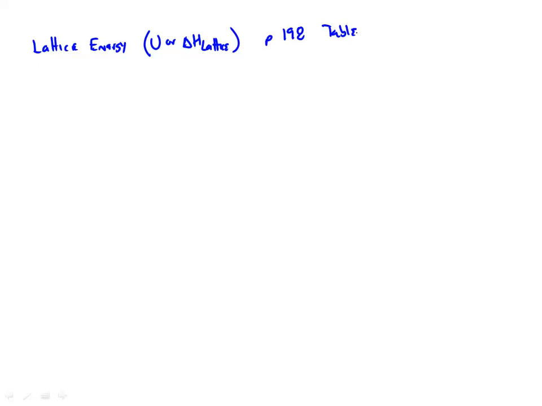Table 6.3. Why is that? So this is page 198, table 6.3. And what's on page 214? Some random stuff. I'm going to guess the page numbers are from my old edition of the book, and I have to update my notes to fit the new edition of the book.